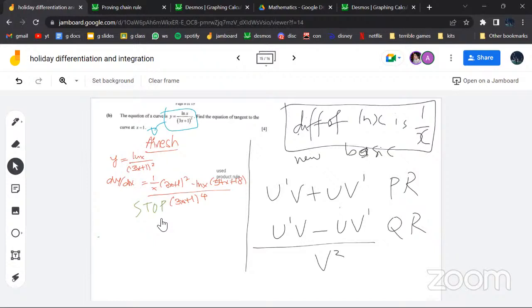Times the prime of W. Just write down 2W times W prime. This is dv dx, by the way, not dy dx, because you're differentiating v. Right. So there is a fourth step. What's the fourth step? Substitution, to go back to x. So please do that.